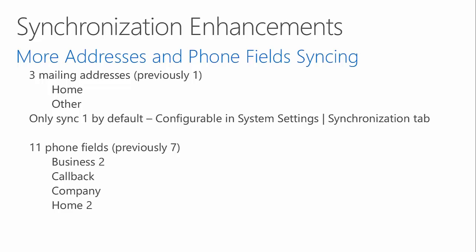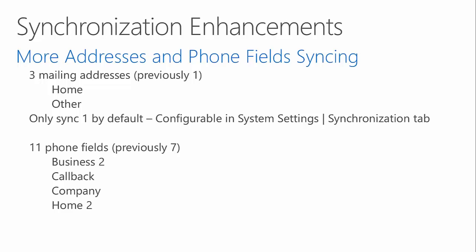Now with CRM 2015, we've added the ability to synchronize the business address, but also the home address and the other address. So those are the new ones that we added. This is only going to synchronize one of those addresses by default. However, you can go into the System Settings Synchronization tab and you can turn that on if you want to synchronize all of those addresses.